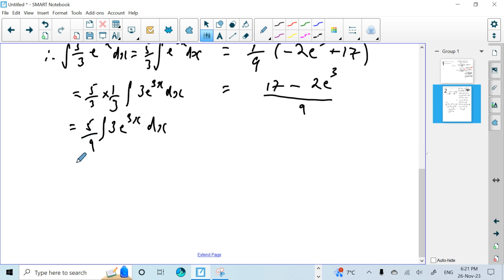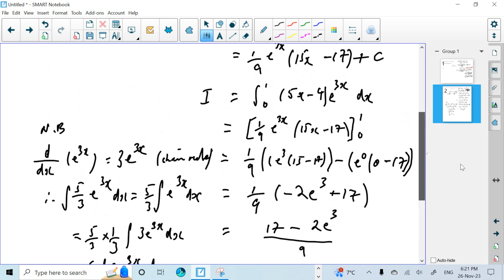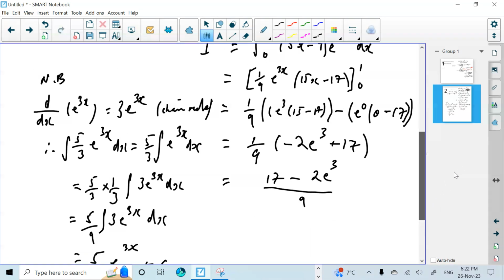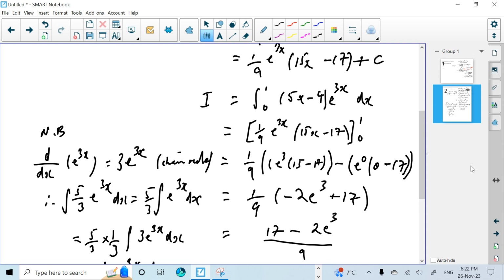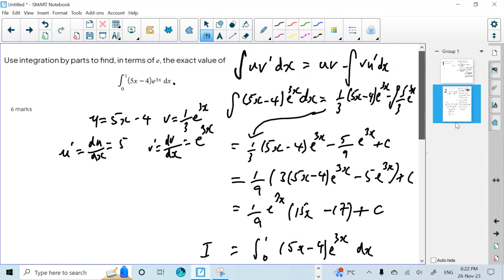Should extend and just finish up. 5 over 9 e to the 3x, and of course plus c. So that's the reverse chain rule as well. Again, we seem to like that, so that's part 3 of the reverse chain rule, and this is all for 6 marks.